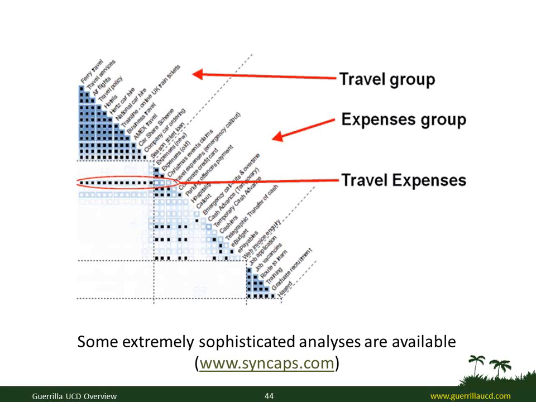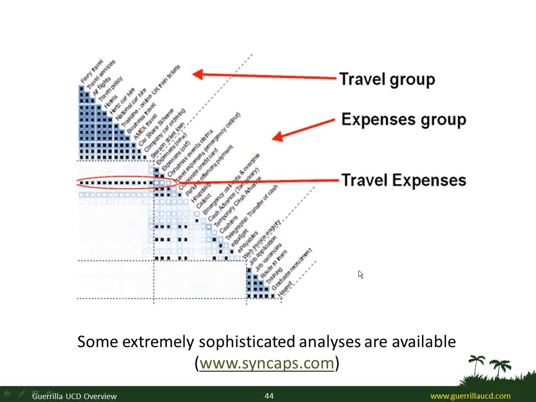So here we have a travel group at the top of this chart, and these are all the possible pairings of the items that people sorted. And we can see that travel expenses wasn't actually put with the travel group, but that's where it appears on the current design.